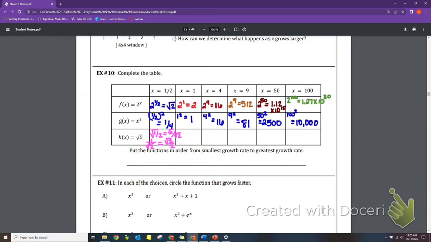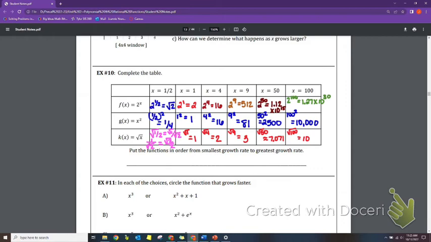So on the second one here, we get the square root of 1, which is 1. Then we get the square root of 4, which is 2. Square root of 9, which is 3. Square root of 50, which is approximately 7.071. And we get the square root of 100, which is 10.